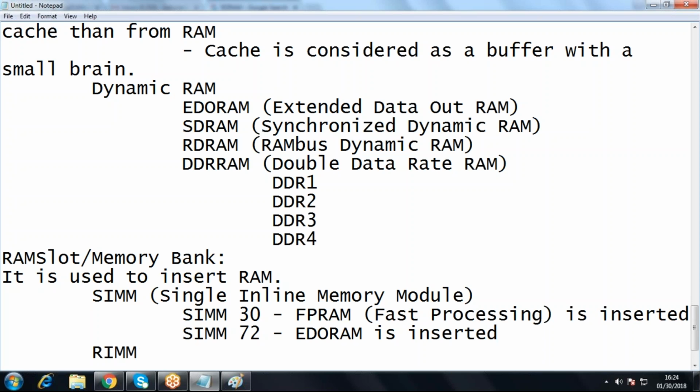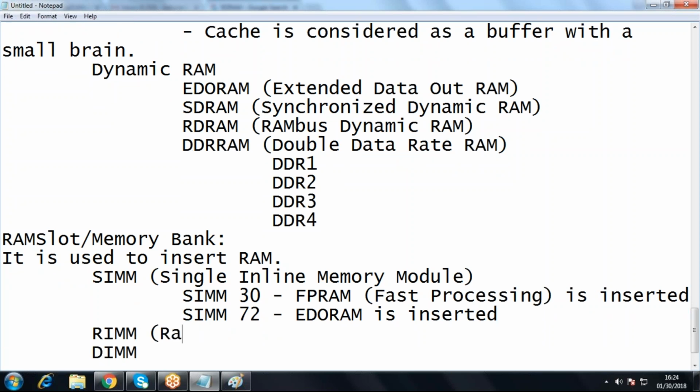RIM stands for RAM bus inline memory module. In this, we can insert RD RAM.